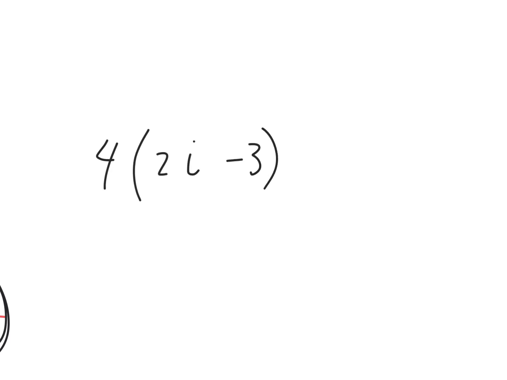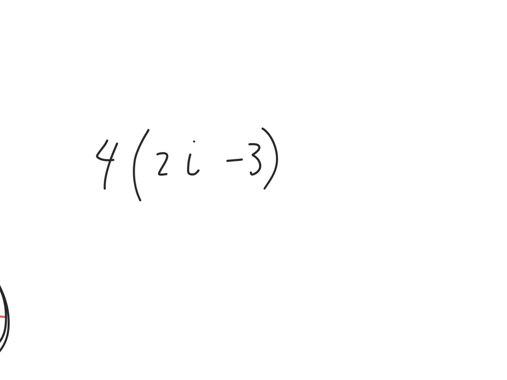Now, it's got an i in it. Don't be scared. It just acts like a normal variable. Multiply that out. But did you know that if you have one of these graphing calculators, there's an i button on the bottom?